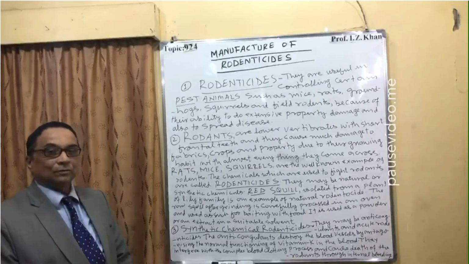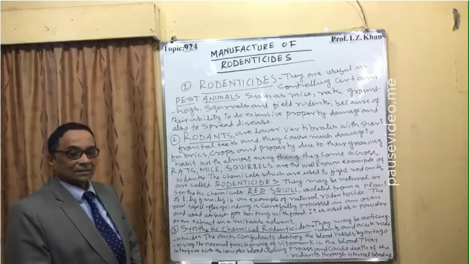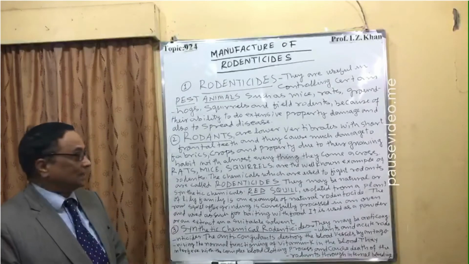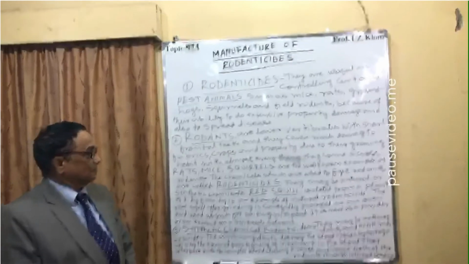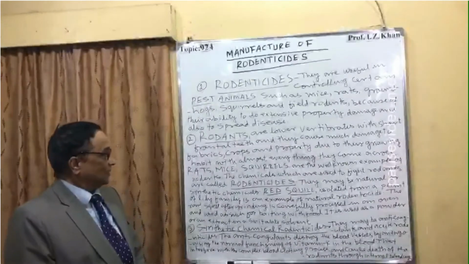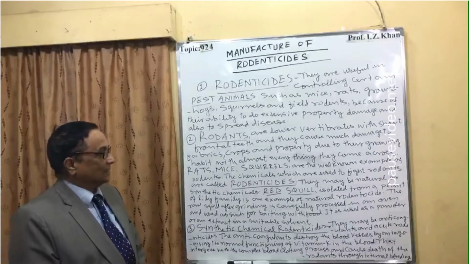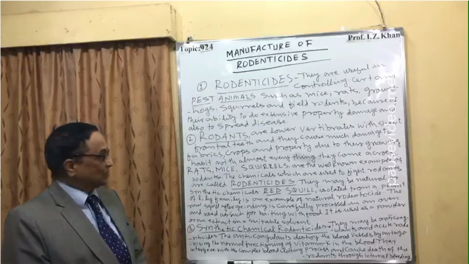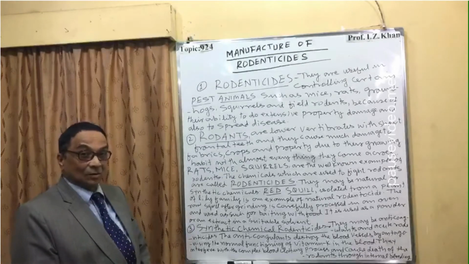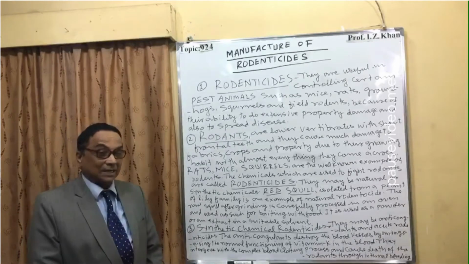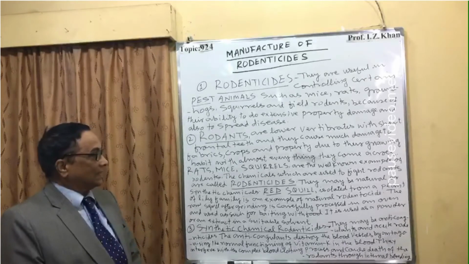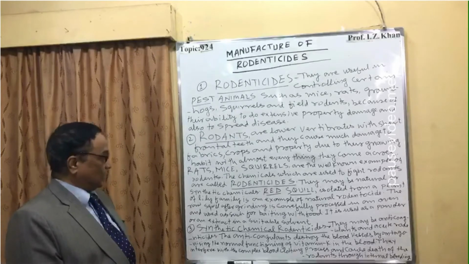And also they can cause damage in the field where agriculture products are there, with almost everything they can come across. Rats, mice, squirrels are the main rodents which are damaging a lot around the house, and are the well-known example of rodents.